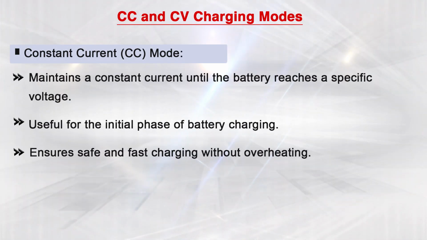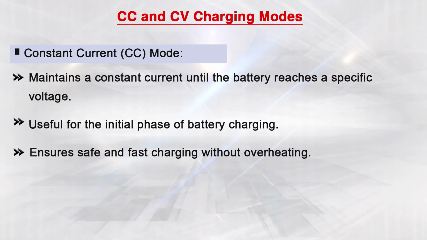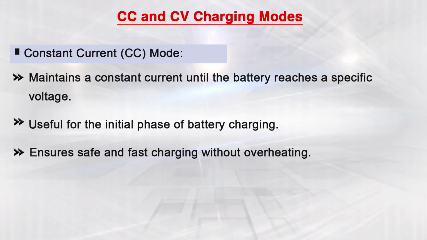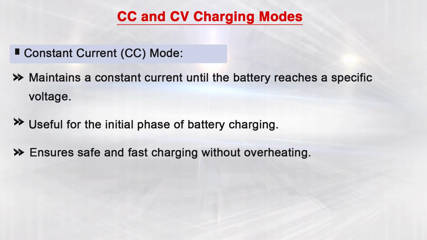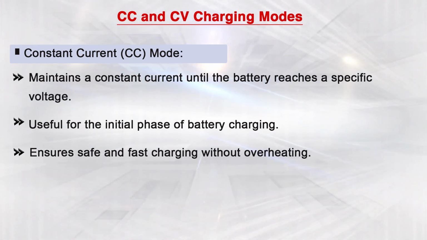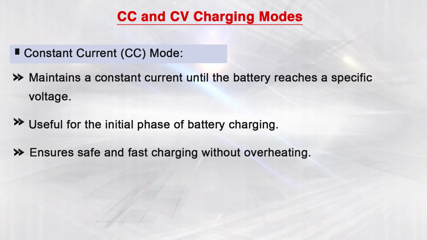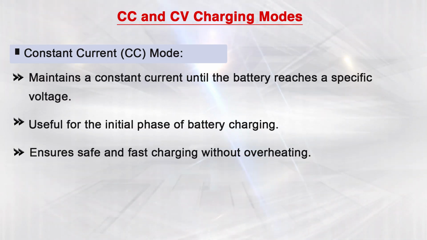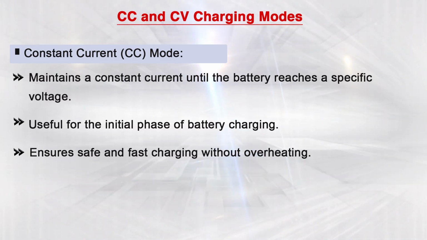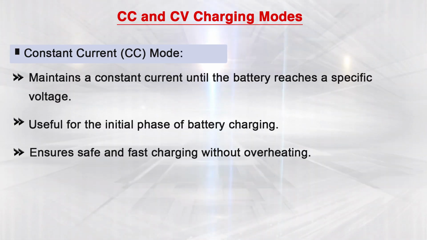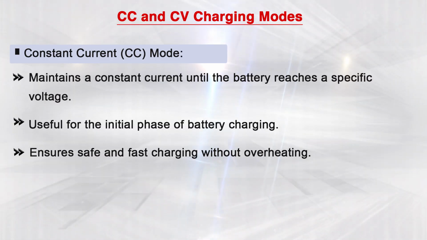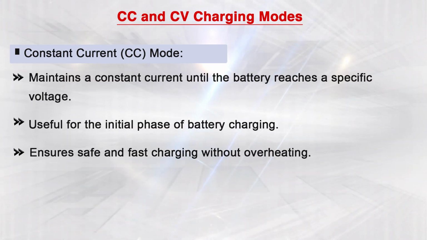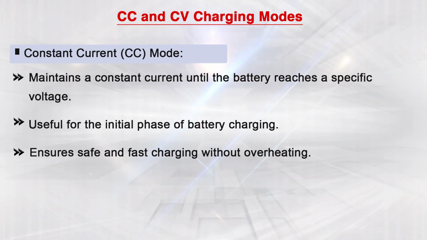Now, we have CC and CV. When the battery is at the lower limit, we can go for constant current charging, which ensures safe and fast charging without any overheating. However, as soon as the battery achieves the nominal voltage, we can switch to the constant voltage mode, which maintains the constant voltage and gradually reduces the charging current as the battery approaches full charge.